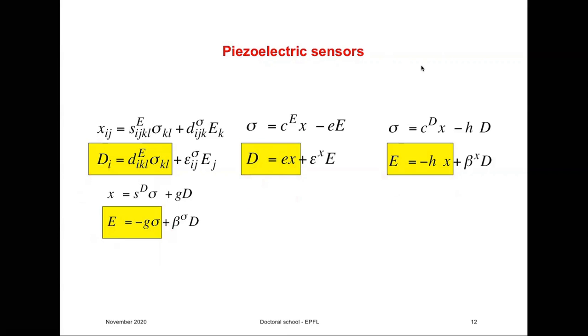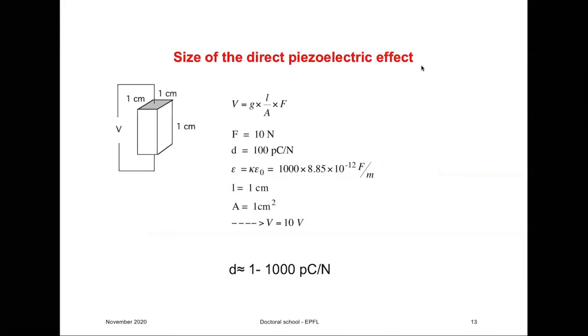Any of these can be used. The most common ones are those where stress is applied and either voltage or charge is measured. And you will see that there are some important practical differences whether we measure voltage or charge.